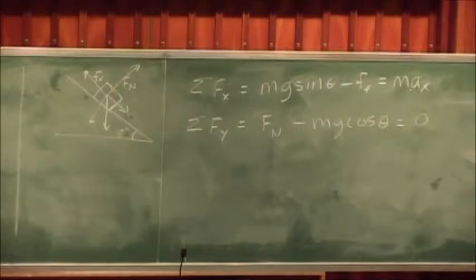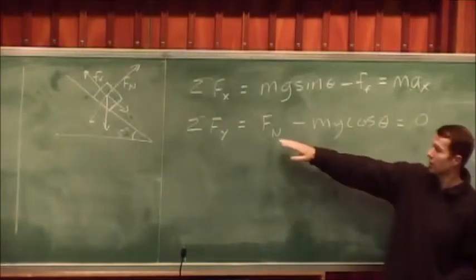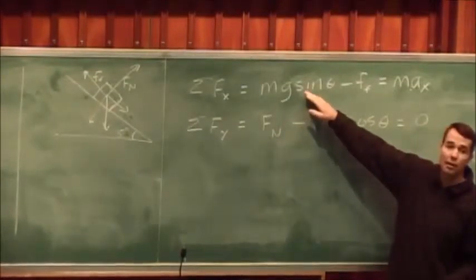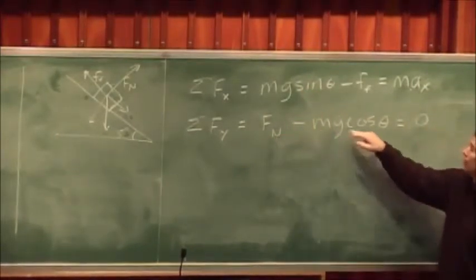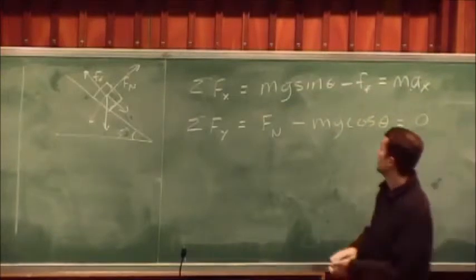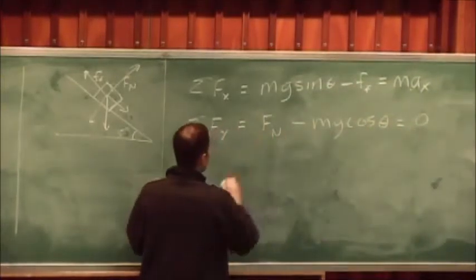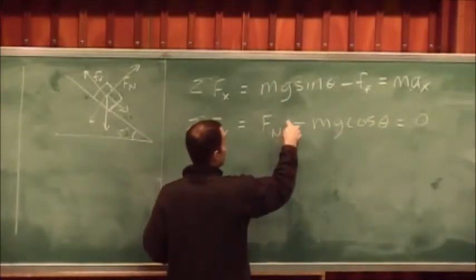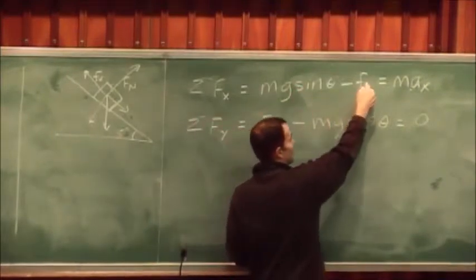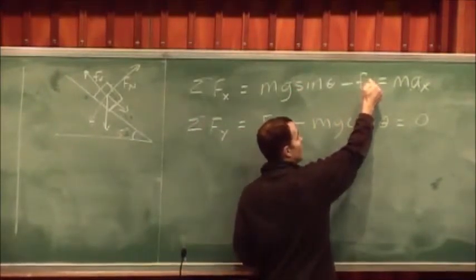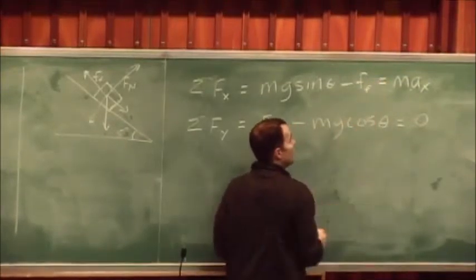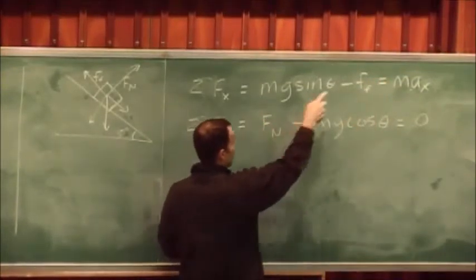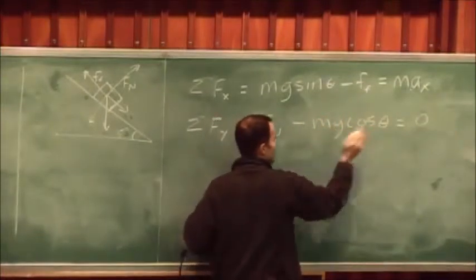Okay, so now I need to take this result and plug it back up into here, right? Because I have F normal, and if I apply it back up into here, the friction is just going to be the coefficient of kinetic friction times mg cosine theta.